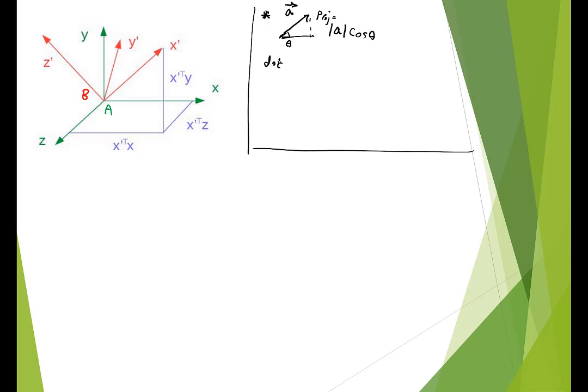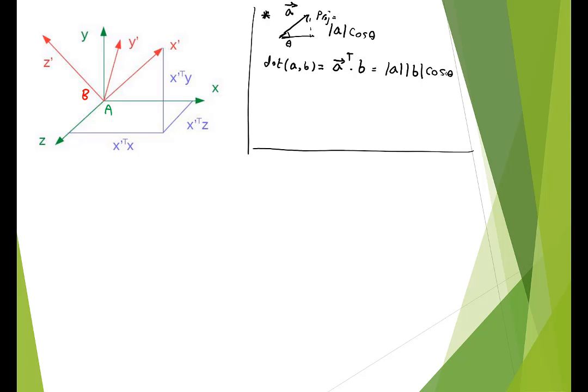Also, the dot product of two vectors is equal to the transpose of one times the other one, and it's equal to the lengths of these vectors multiplied by cosine of theta, the angle between these two vectors.